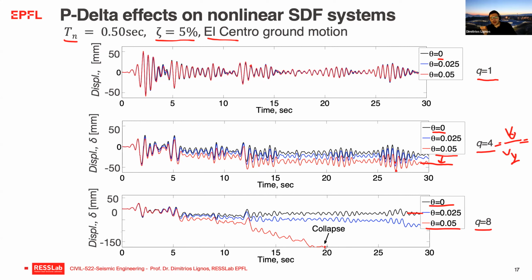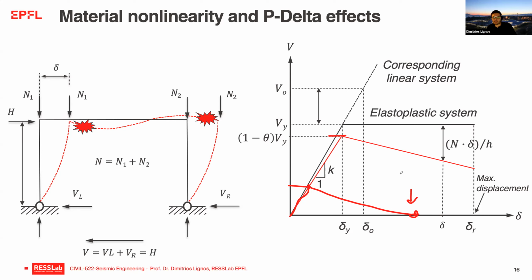This essentially enables the nonlinearity to act very quickly. And you see now in this case, the effect of gravity is going to let the system collapse.